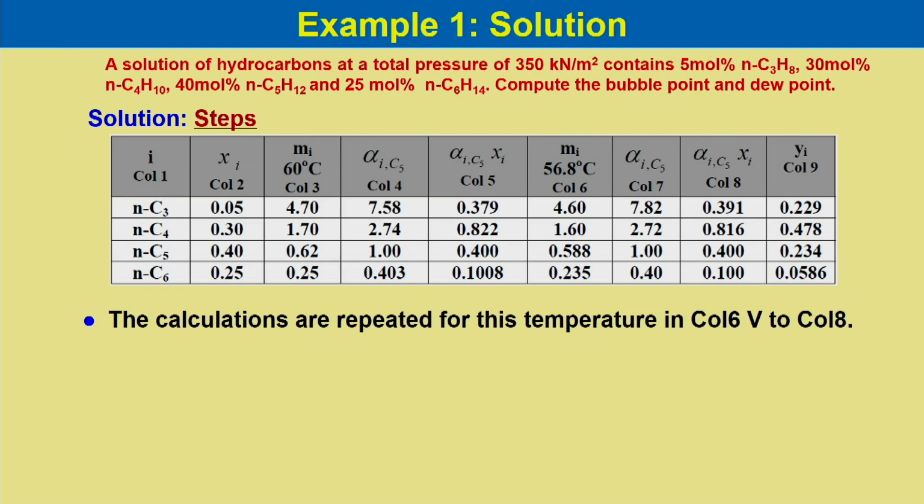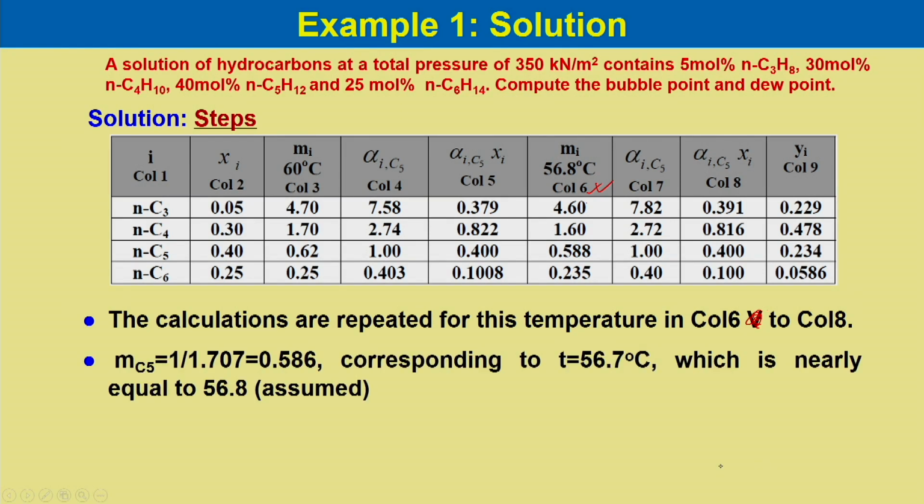Now, the calculations are repeated for this temperature in column 6 to column 8. Similar to the earlier one, at this temperature we can calculate the summation, which would be 1.707, and with respect to that we can calculate MC5, which is 0.586, written over here.